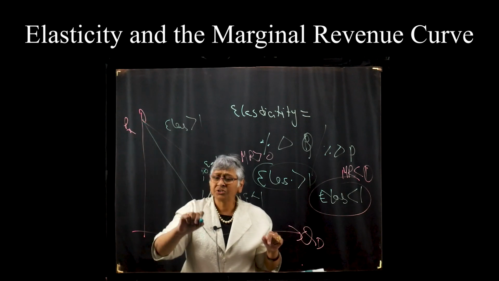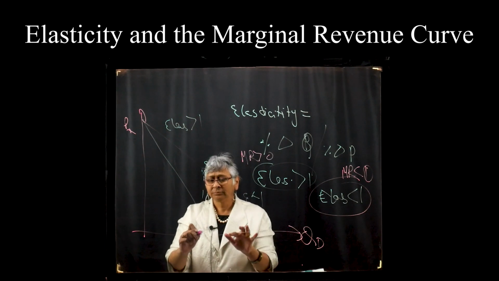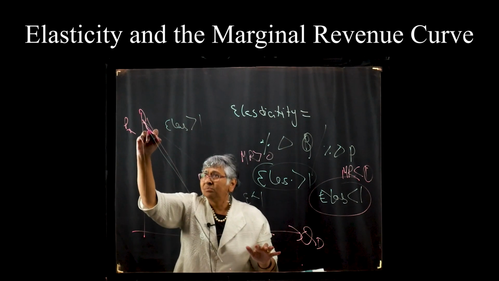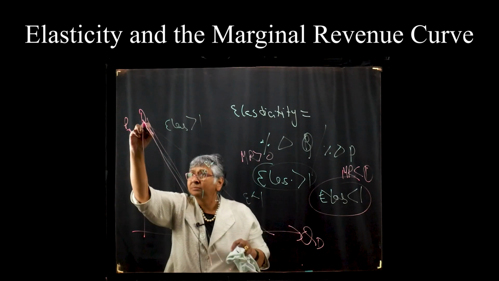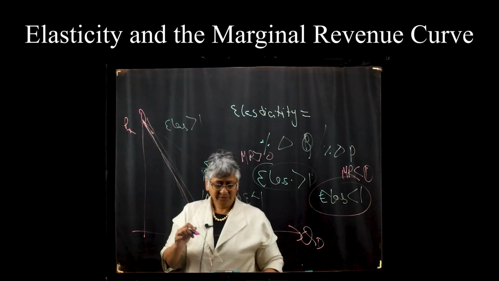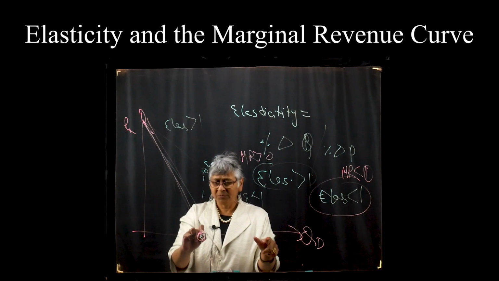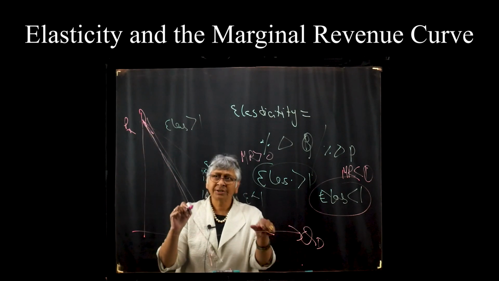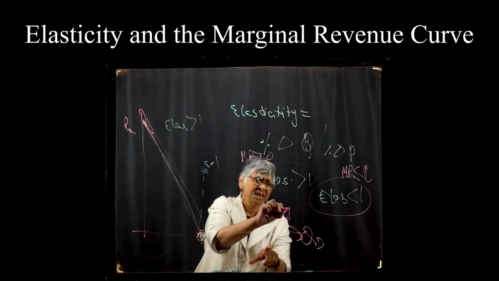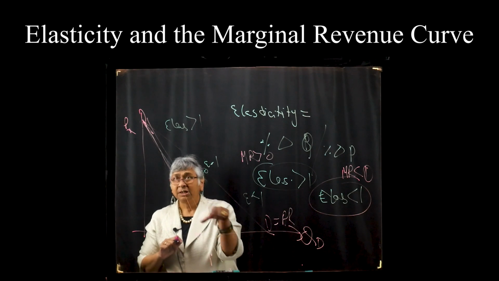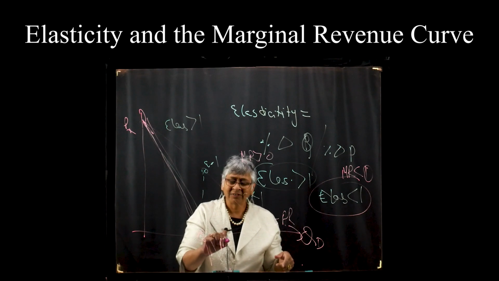Marginal revenue, consequently, will be right there through the midpoint over here. This is why it's called the midpoint theorem. This is your demand curve, which is the same thing as your average revenue curve. This is your marginal revenue curve.